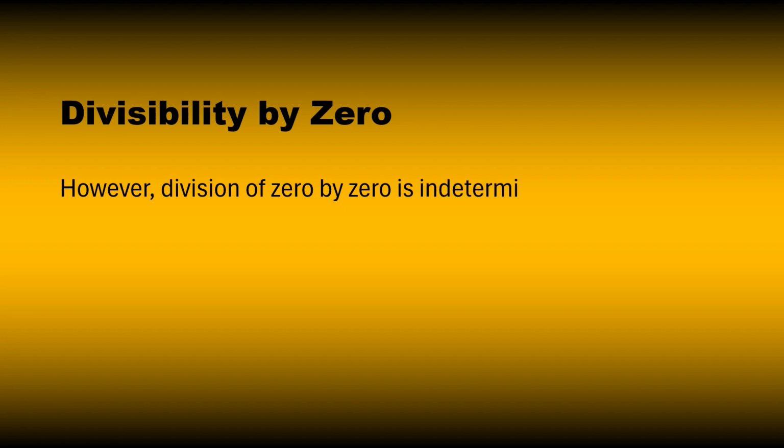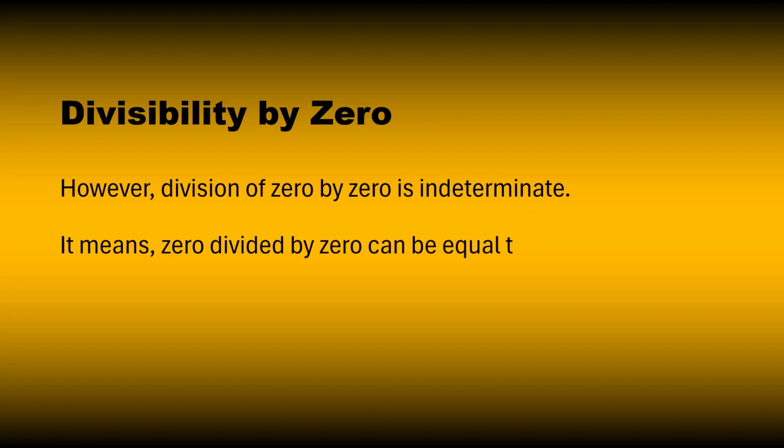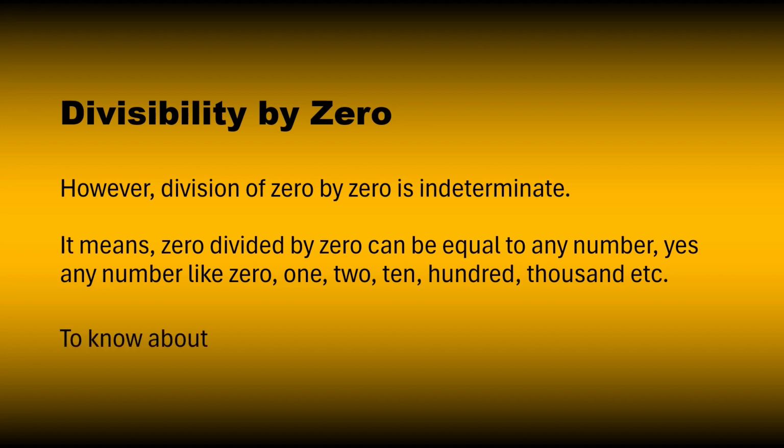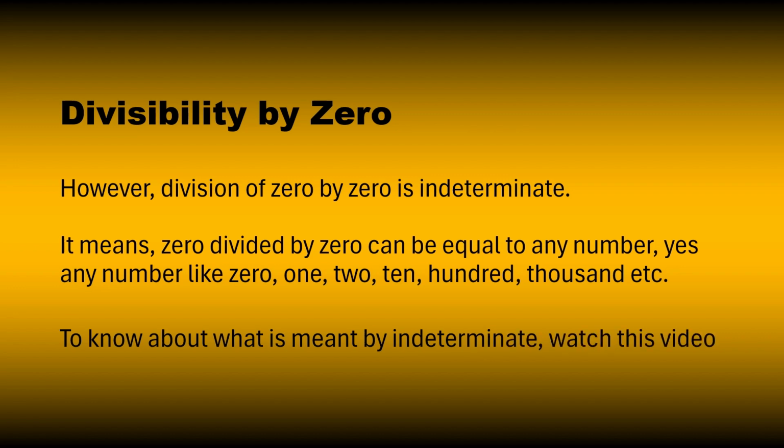However, division of 0 by 0 is indeterminate. It means 0 divided by 0 can be equal to any number. Yes, any number like 0, 1, 2, 10, 100, 1000, etc. To know about what is meant by indeterminate, watch this video.